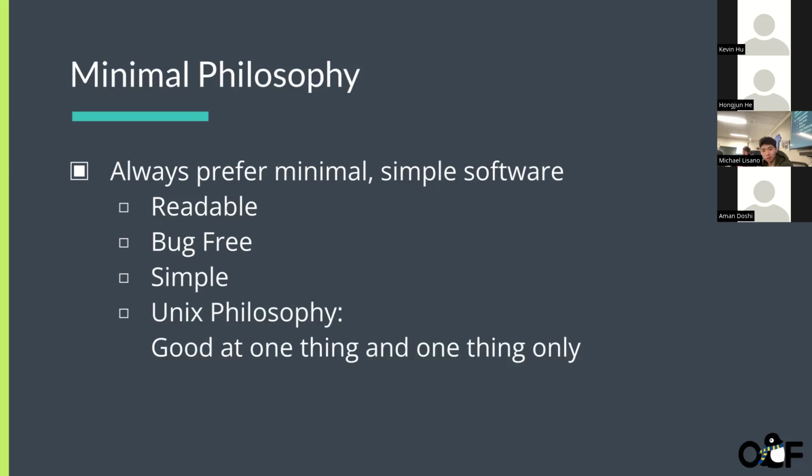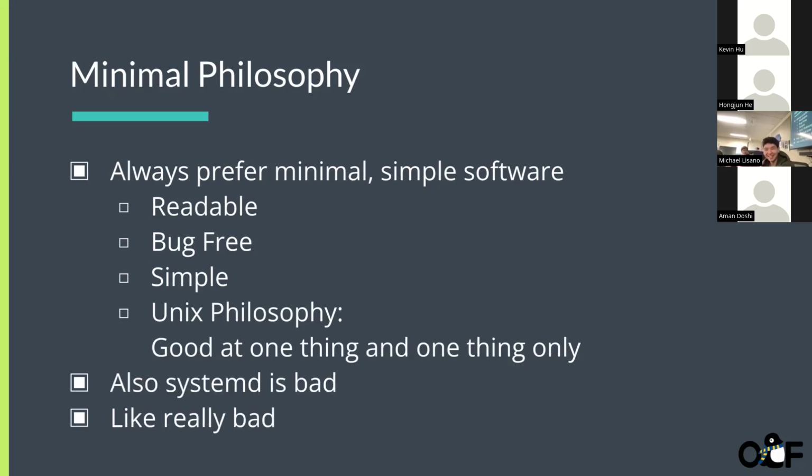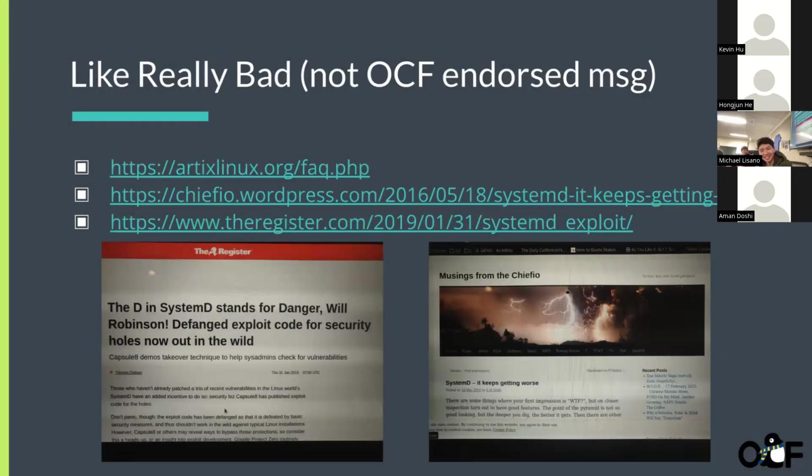You have multiple executables, one that's really good at changing directories, one at listing files, one at searching for things, and then you compose them together. You would do that with an init system, I guess. Also, systemd is really bad. Okay, that's the last slide.